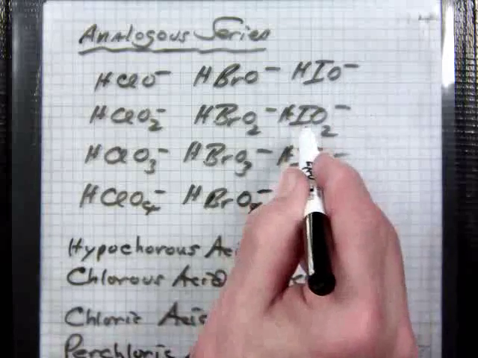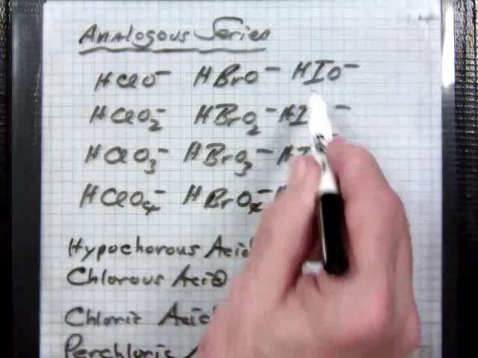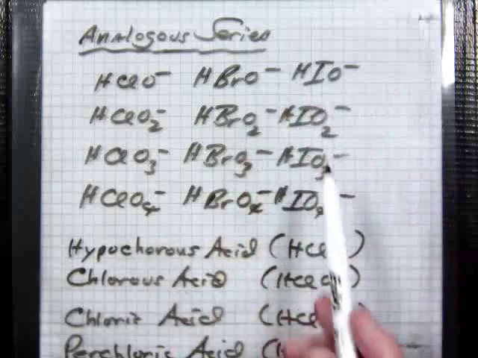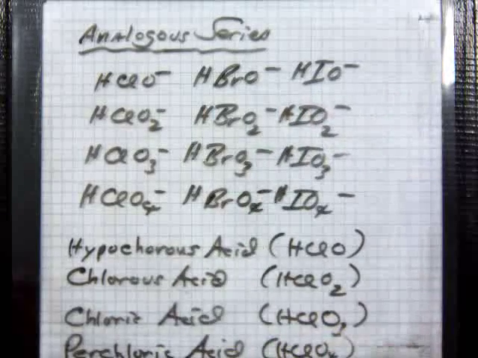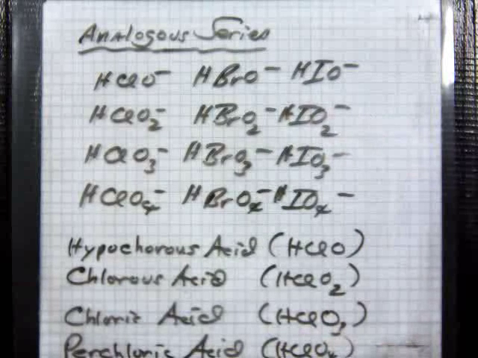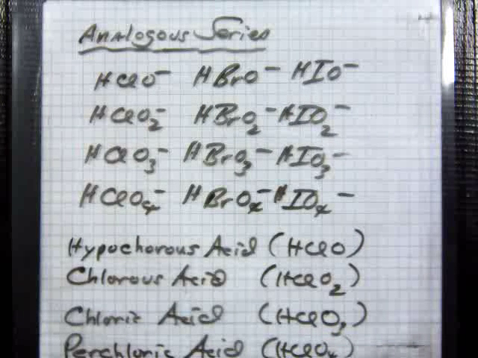Iodous acid, hypoiodous acid, iodous acid, iodic acid, periodic acid. Those all are commonly used chemicals in the industry. And so it's systematic. As long as you understand that, I can just change the halogen. Everything else stays the same in terms of the nomenclature and the combination of elements in there.